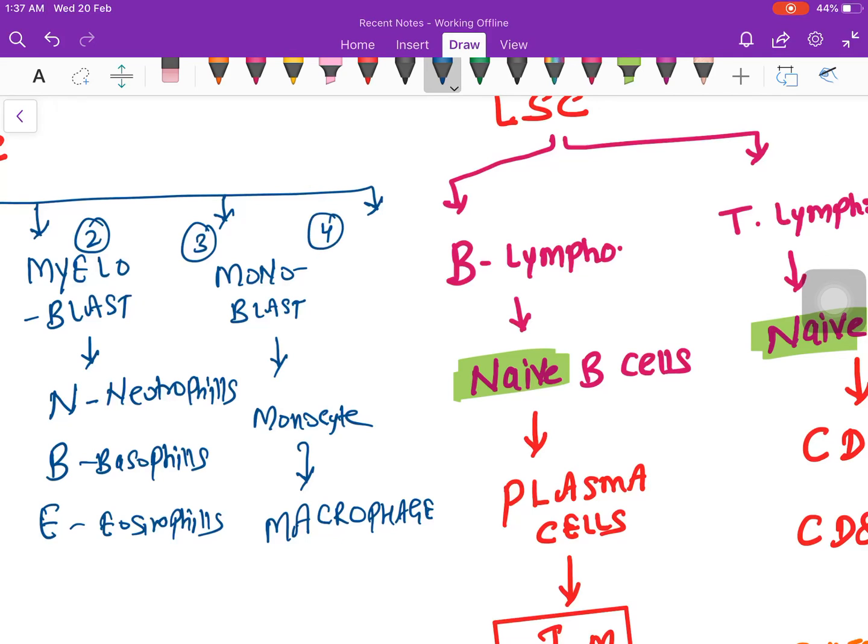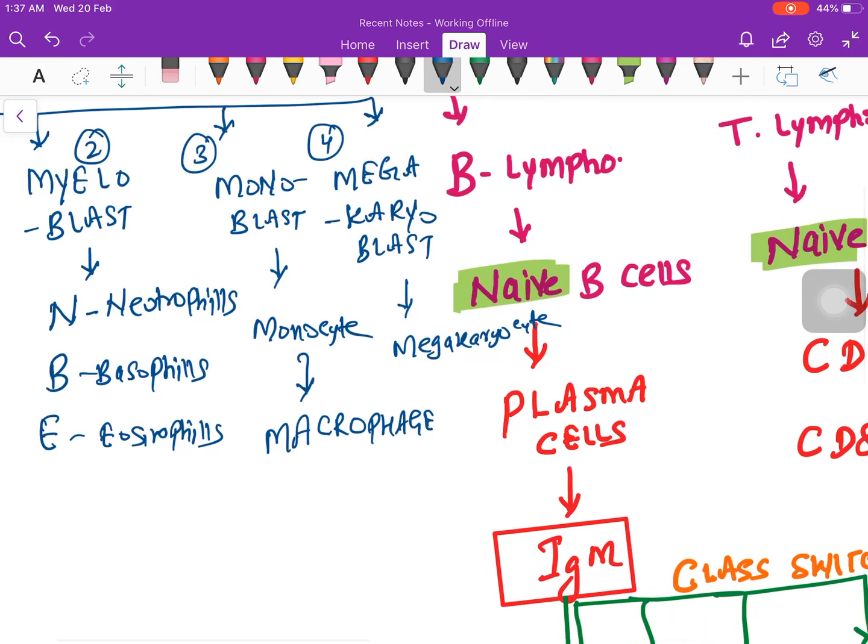So this will be the fourth type, megakaryoblast. This megakaryoblast will form megakaryocytes, and these megakaryocytes will form thrombocytes. Thrombocytes means they will form platelets.